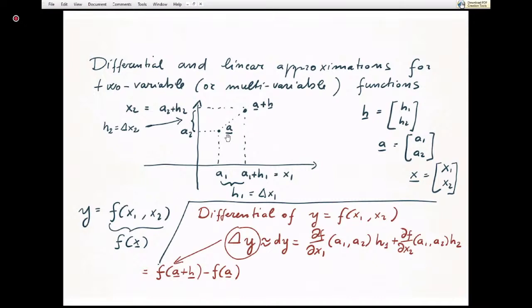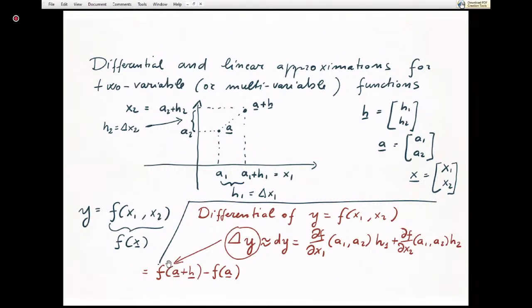But if we know the two partial derivatives at the point, and we know what is the supposed increase of each of the variables, we can approximate the true increment through the differential, which is this quantity dy, which is just the sum of the two partial terms, okay? By increasing one variable and then the other variable. Because the change from this point to this one is the sum of two partial changes, of variable x1 and variable x2.